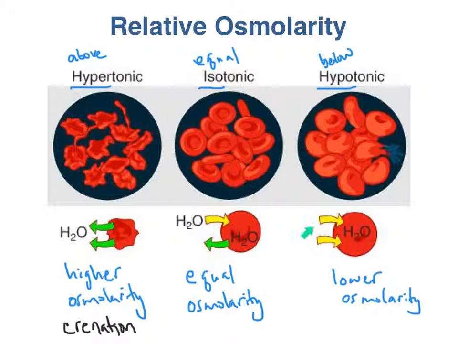Water in this case is drawn out of the hypotonic solution into the cell. If you let it go for long enough, you get lysis, which is just a bursting of the cell. The cells cannot contain the water that's coming in, so they just rupture and burst, like you're seeing there.